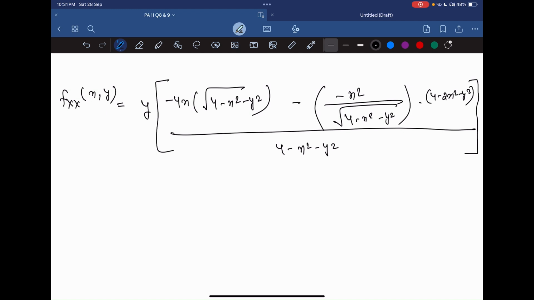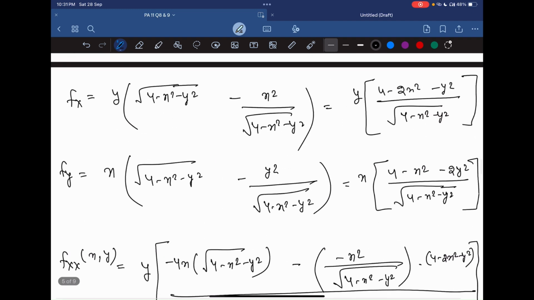Now if we calculate fyy, we will get a similar result for that also.